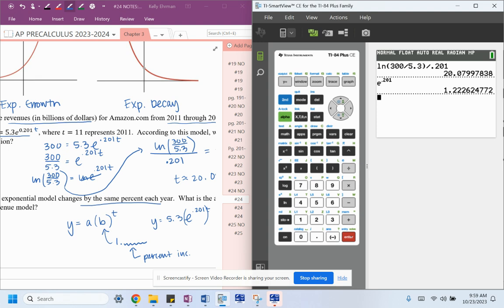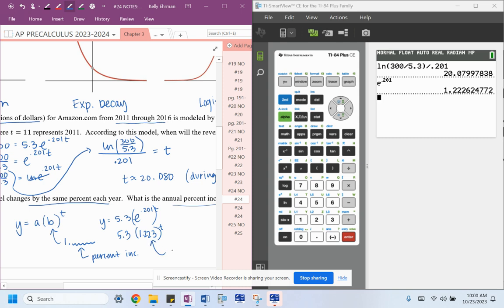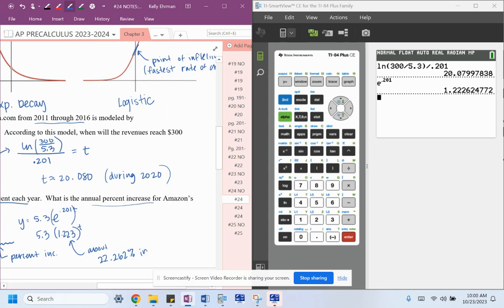Okay, so that is 1.223-ish to the t value. So for Amazon, for our problem, it's about a 22.262% increase.